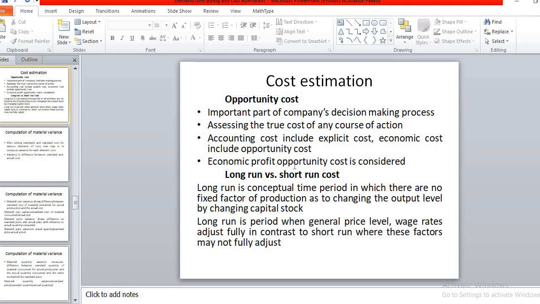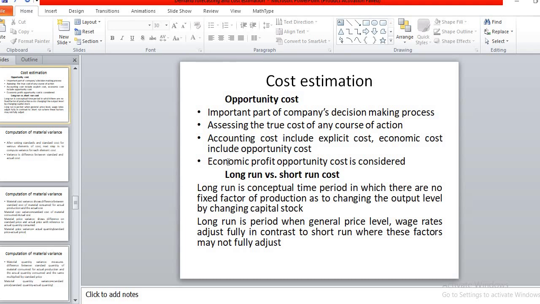So these costs are related to the opportunities or alternatives, where a particular asset can be used in another way.